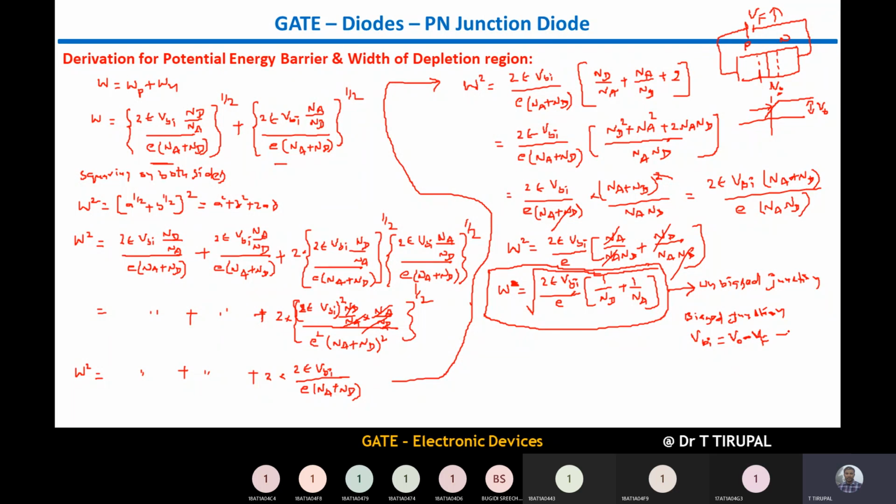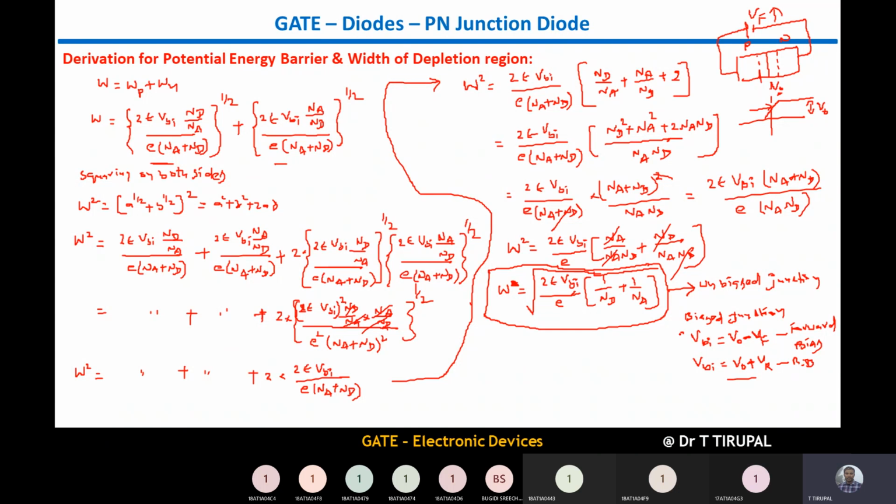So this is for forward bias. What about reverse bias? Can anyone tell me what the built-in potential is equal to? For reverse bias, VBI is equal to V0 minus of minus. Reverse bias means depletion region increases, so barrier height increases. Increases means here minus already is there. Minus of minus is plus VR. VR is reverse bias. This is for reverse bias.